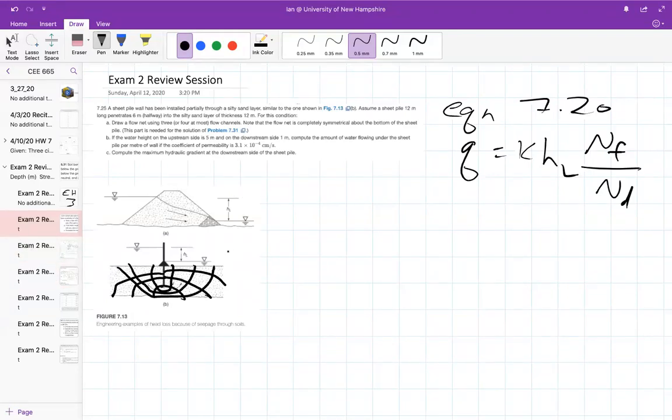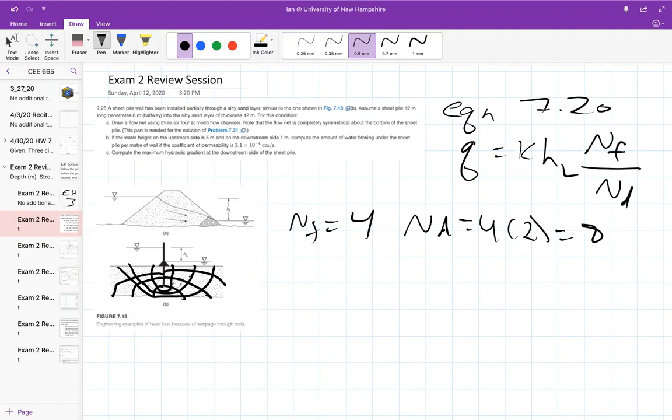And from the flow net, we'll find that this NF equals 4, and then ND is 4 times 2, which equals 8.